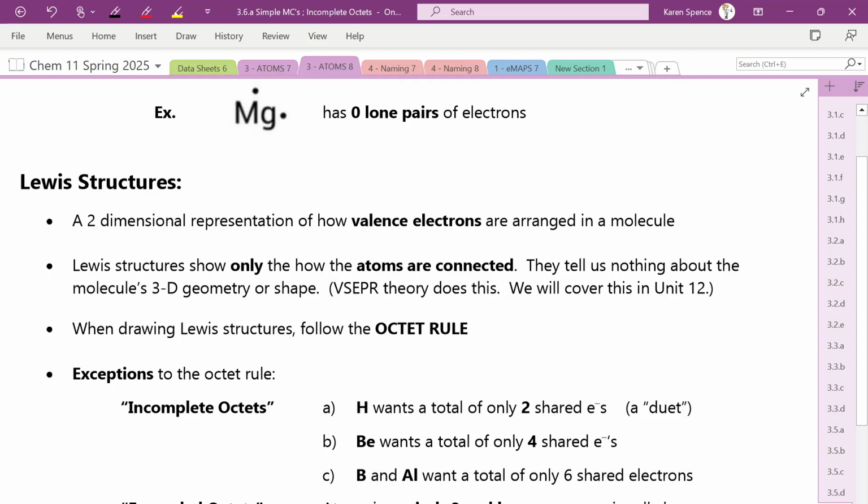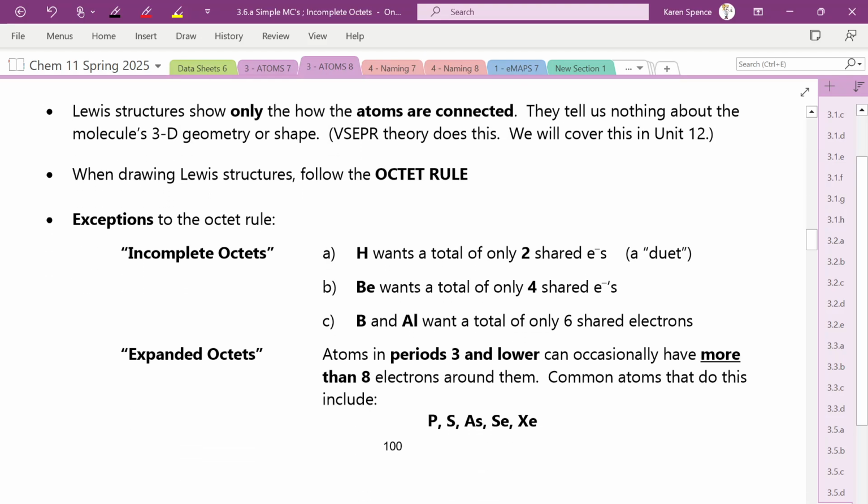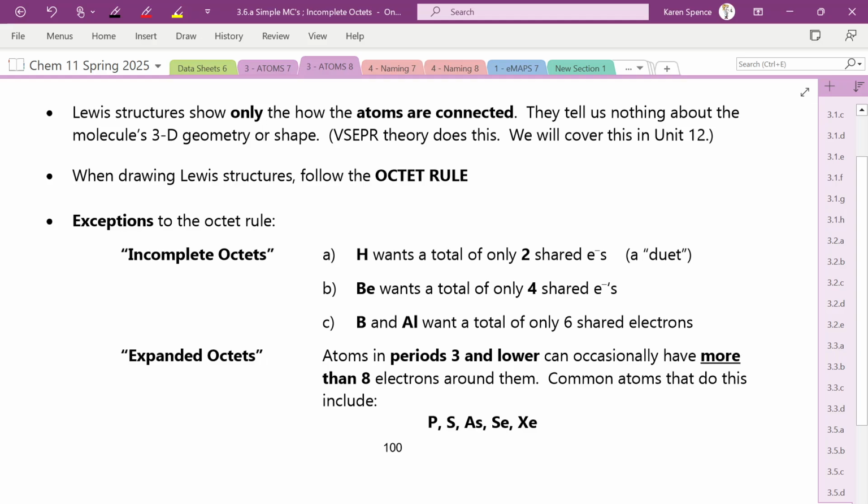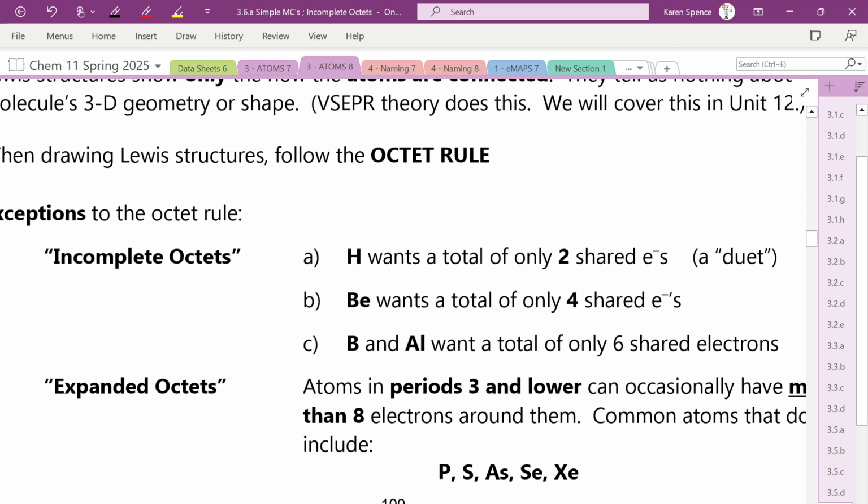Okay, so this is page 100. Everybody needs an octet. There are some exceptions to the octet rule. Hydrogen, we already know about. How many does hydrogen want? 2. 2 shared electrons, a duet.